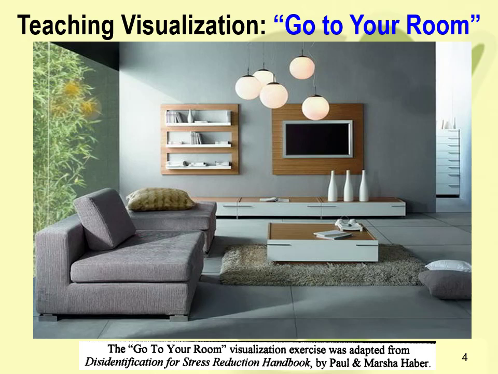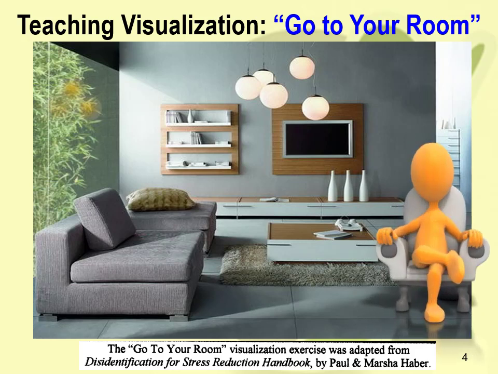But imagine that you're in your favorite room, whether it's your bedroom, whether it's your den, whatever it is. And you're sitting there, and look at the wall directly in front of you and see what's on that wall.